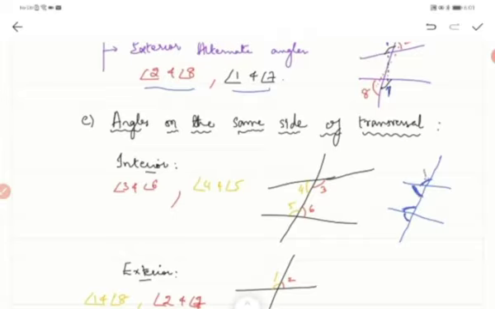So this pair forms exterior same side angles, and this is an interior same side angle. One more pair is interior same side angles, and this is your exterior same side angle. All right, that is it.